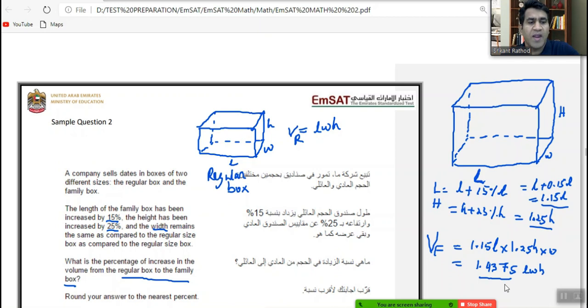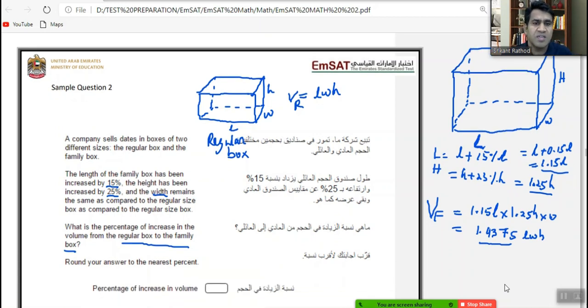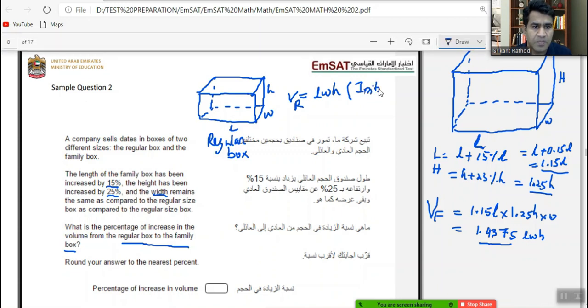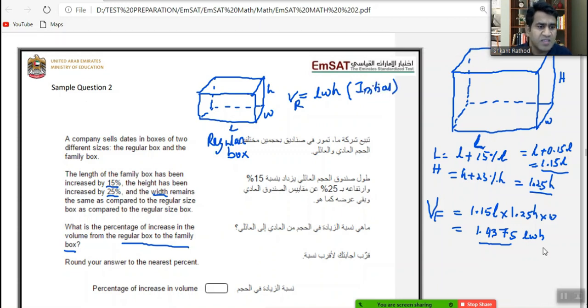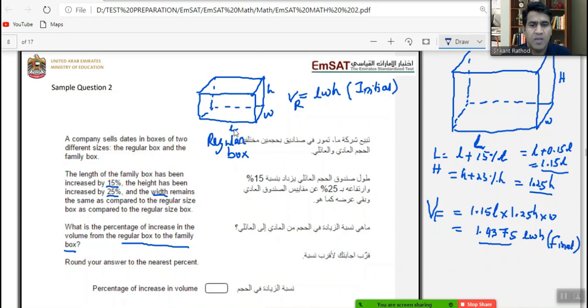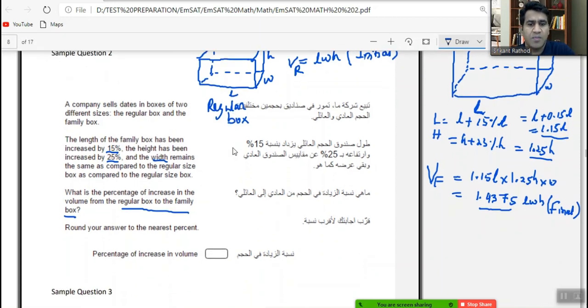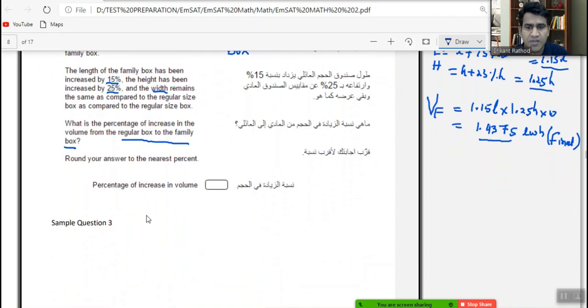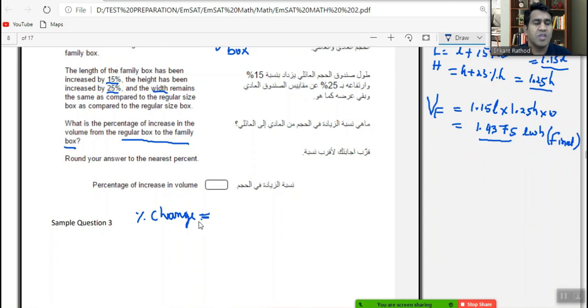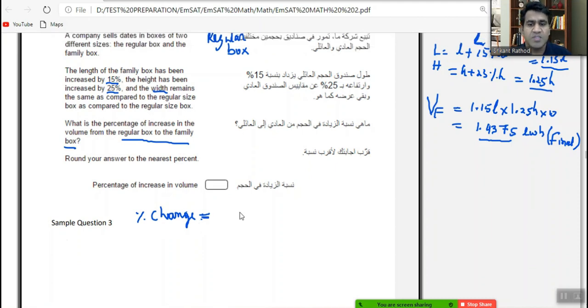Now how do you find the percentage increase or the percentage change? To find the percentage change, this is your initial and this is your final value. And the formula here, since we are talking about the increase in the percentage, is percentage increase, instead of saying the change.